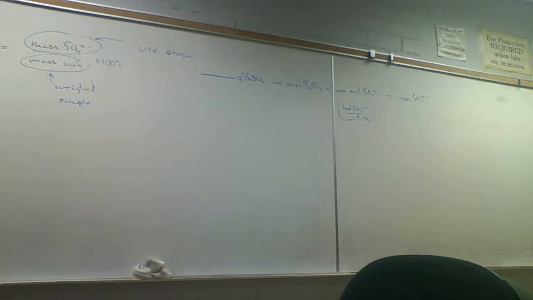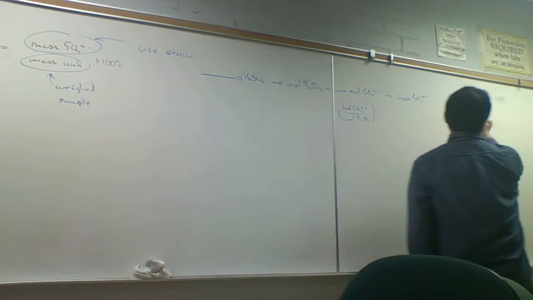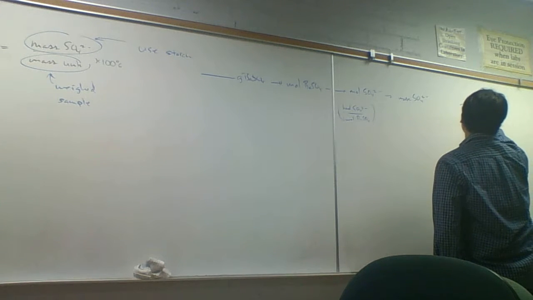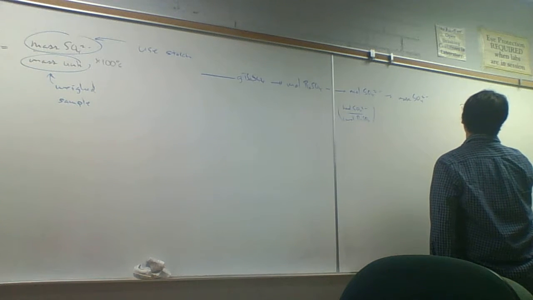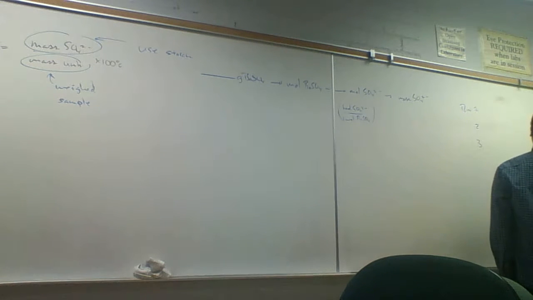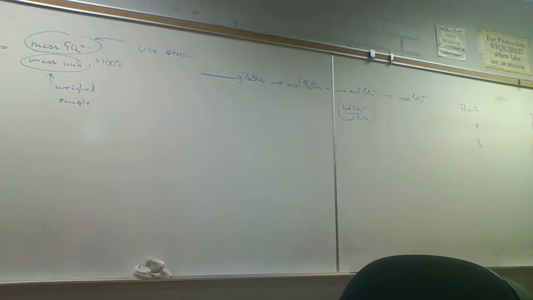And so we're going to do one extra calculation with this. We're going to get 3 runs: run 1, run 2, and run 3. And then what we do is we average those. And so we'll get an average of the 3 runs.